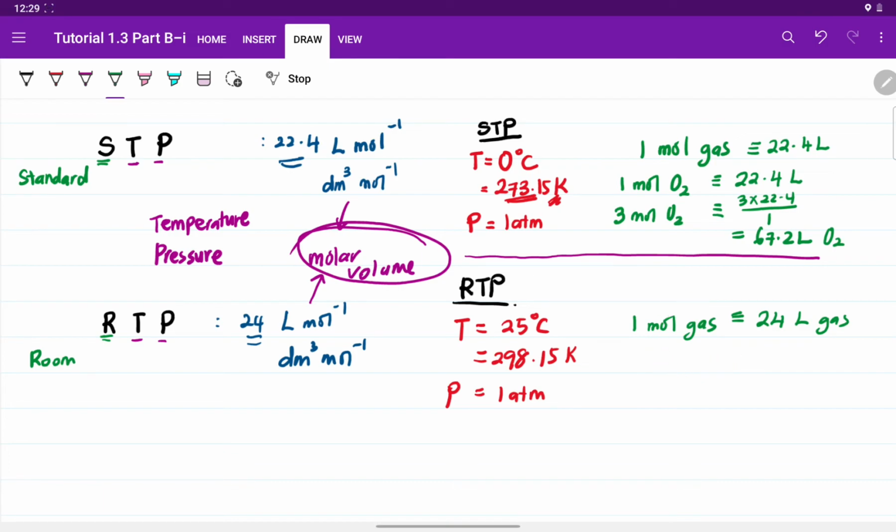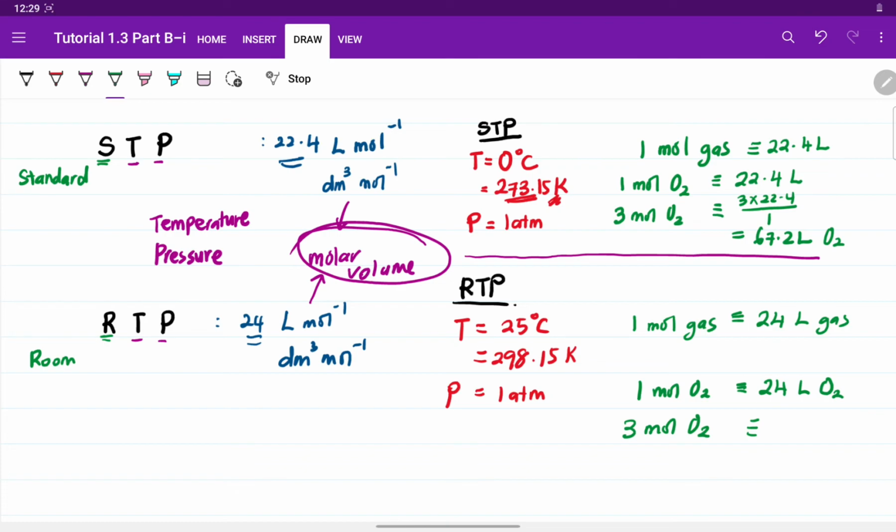Sama jugalah. Kalau macam ni tadi, kalau awak ada 3 mole of, maksudnya macam ni. 1 mole of O2 gas pada room temperature, dia akan ada 24 liter of oxygen. Kalau awak ada 3 mole of O2, berapa yang awak akan ada?